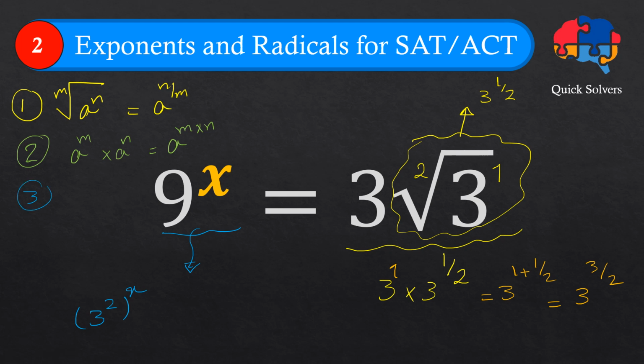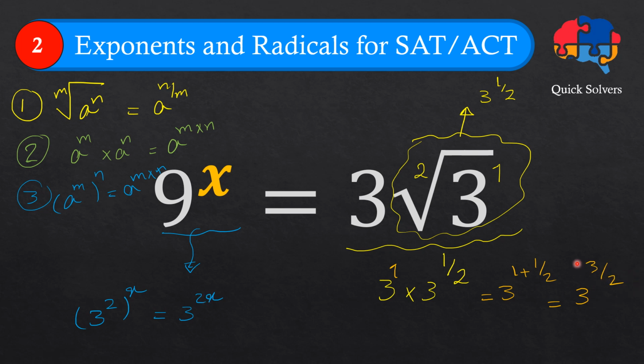The third rule says that if we have a to the power of n to the power of m, this equals a to the power of m times n. So I can rewrite this as 3 to the power of 2 times x, or simply 2x.